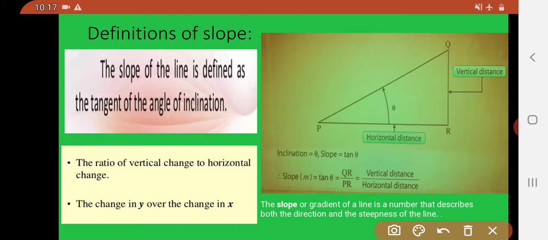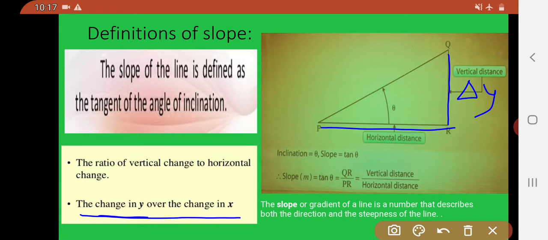In other words, you can say it is the change in y over the change in x. This is the change in y and this is the change in x.